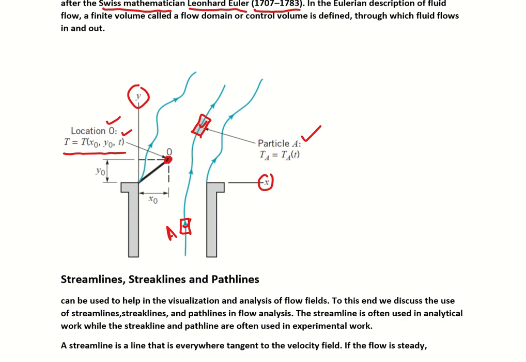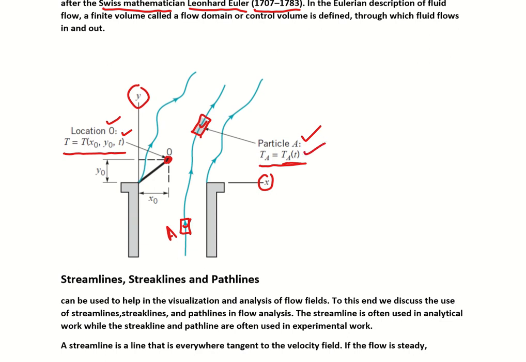So here we are following the particle. We have not fixed the location as we did in the case of the Eulerian approach. So here we have a particle A, and over the time it is moving, and as it is moving we are observing its property over the time. So this is represented here as Ta, meaning temperature of this particle A over the time, its property, let's say temperature, is written mathematically as Ta(time).